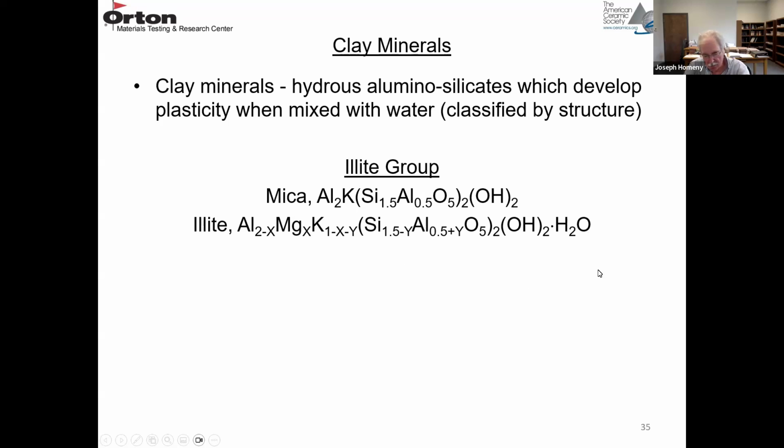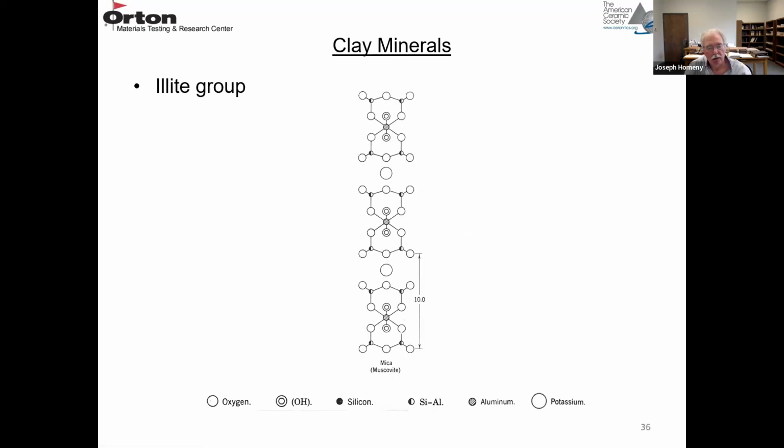So these structures get quite complex. And this is mica. So this is a silicon layer, an aluminum layer, and another silicon layer. Again, the oxygens are the open circles, the double ring circles are the hydroxyls.